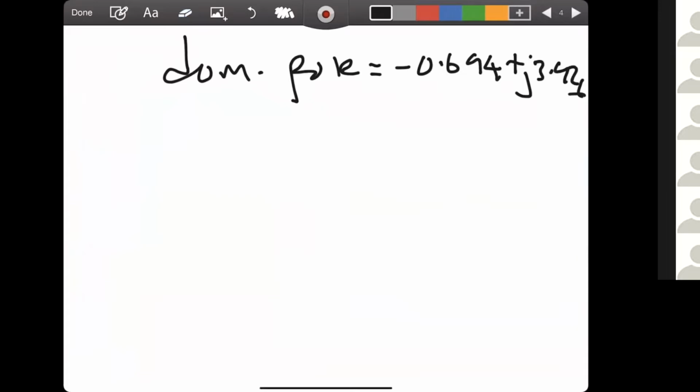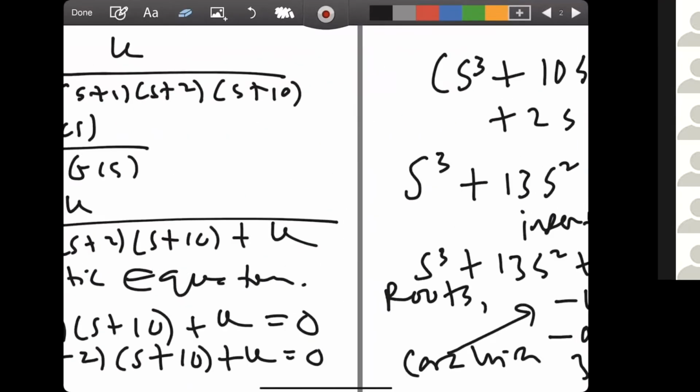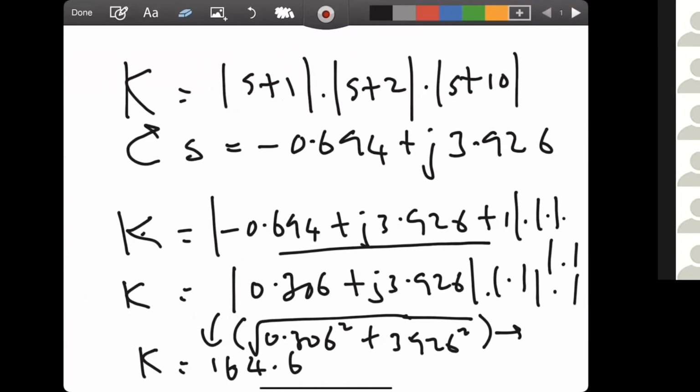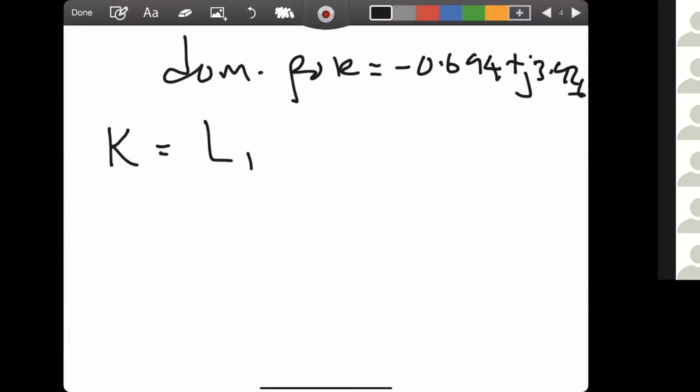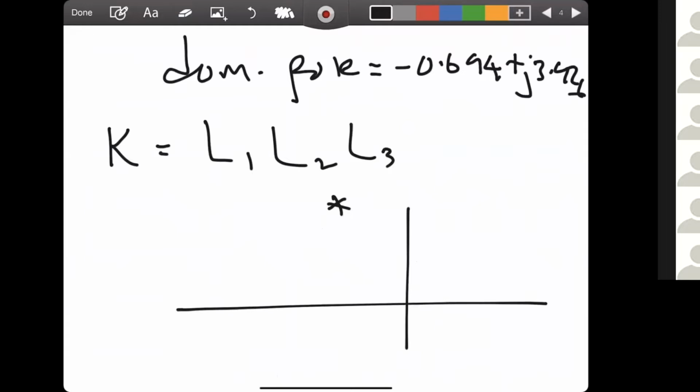Okay. So macam mana dapat K tu? Adakah saya dah tunjuk tadi? Saya dah tunjuk dah. Satu kira formula, satu lagi pakai L1, L2, L3 kan? L1, L2, L3 iaitu jarak dia.